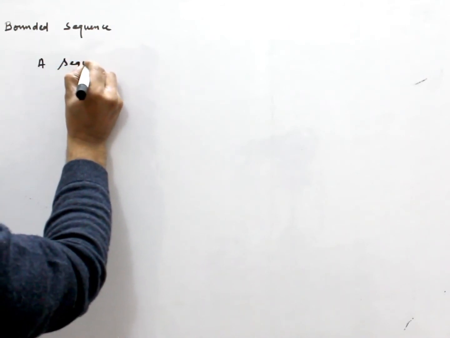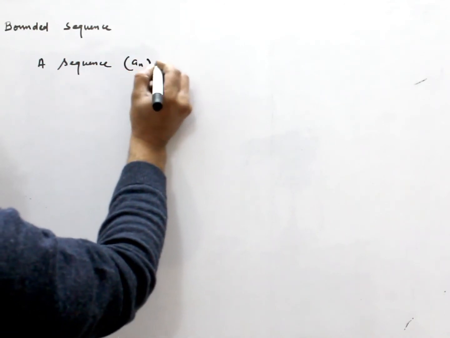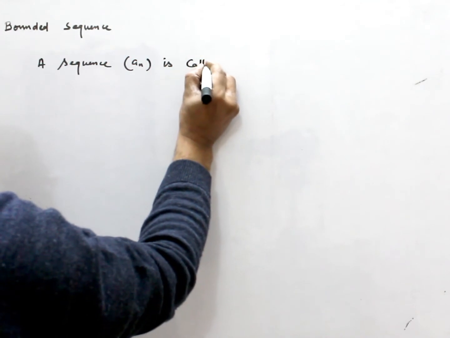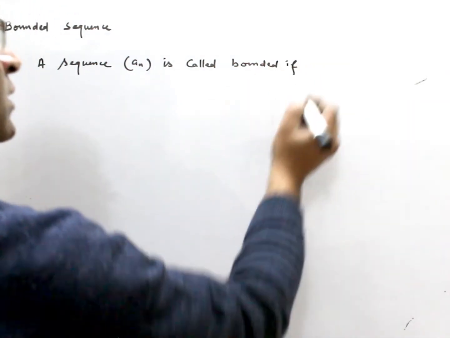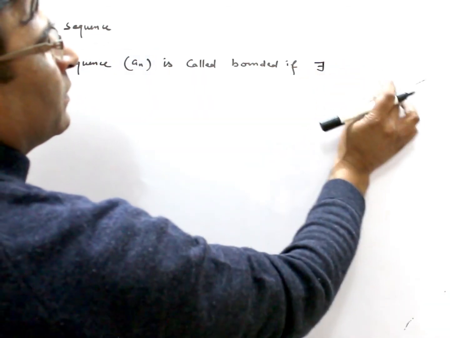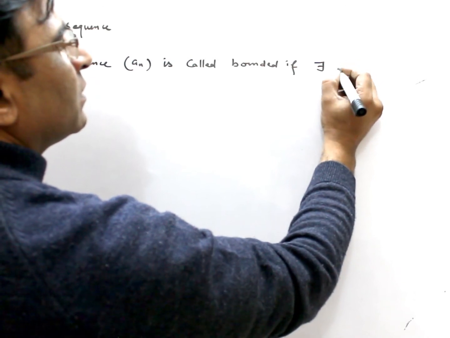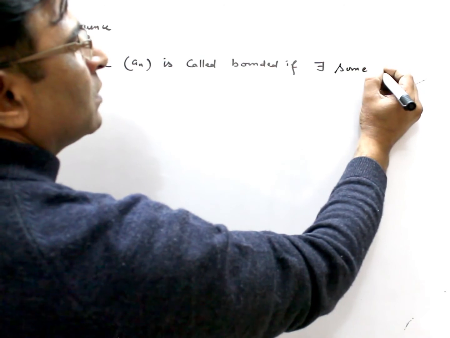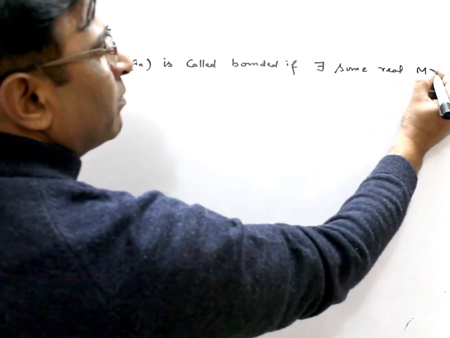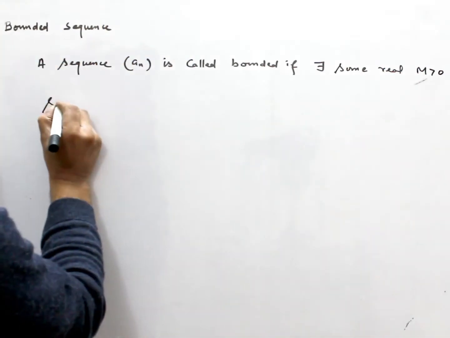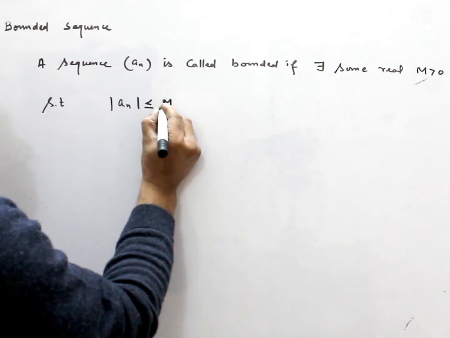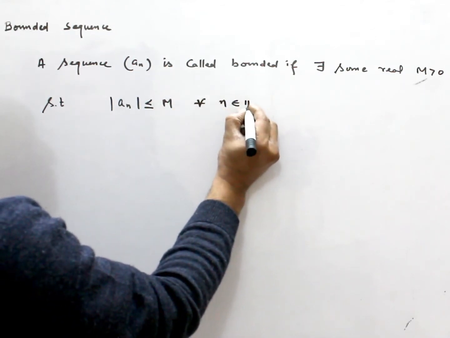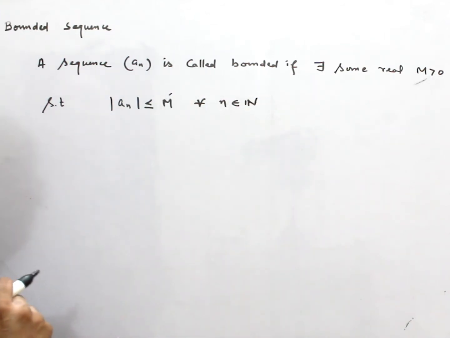A sequence a_n is called bounded if there exists some real number m positive such that the absolute value of a_n is less than or equal to m for all n belonging to N. See, this m is a real number and this n is a natural number. Then we say the sequence is bounded.